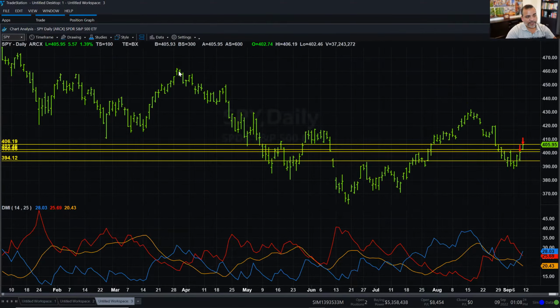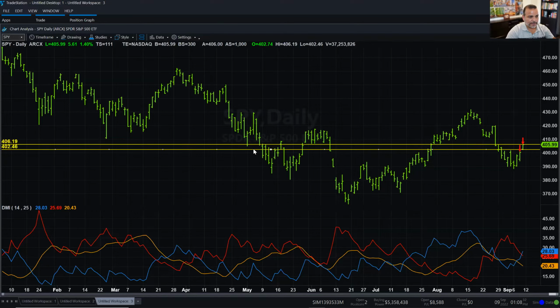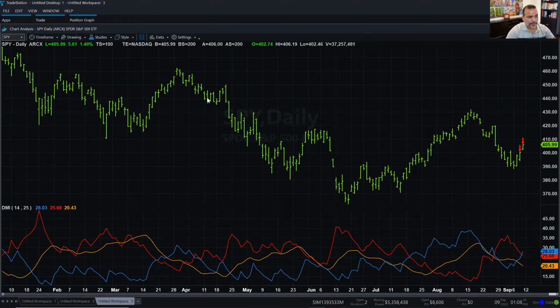Whenever we have these tops and bottoms on the price, let me remove these horizontal lines so they're not distracting, that usually correlates to a cross on these two lines. For example, right here, we can see how the lines crossed at this precise level.